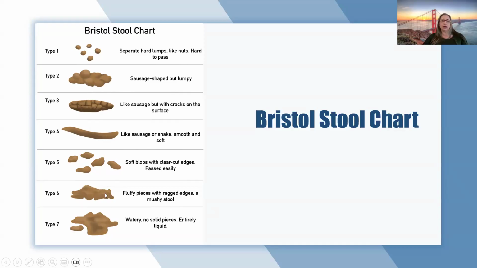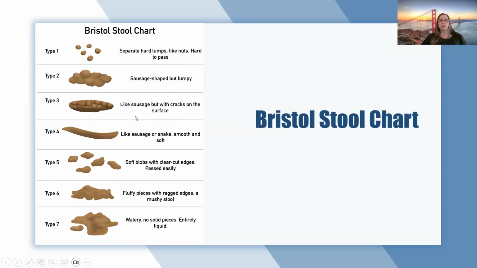So as these types get more and more firm, you get to what is really more of normal bowel movements, right? A normal bowel movement should be firm but soft and should be all stuck together or close to it, right? That's about the right consistency for your bowel to function very smoothly and be able to have bowel movements with regularity.